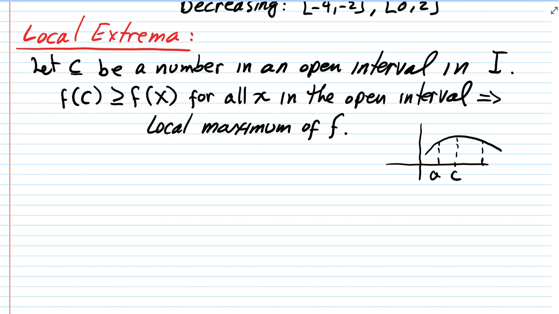So my open interval again runs from a to b. c is somewhere in there, and if you look at this point, it is the highest point on the graph. So the highest point is going to be f at c. All these other points are just f of x for different values in that interval from a to b.